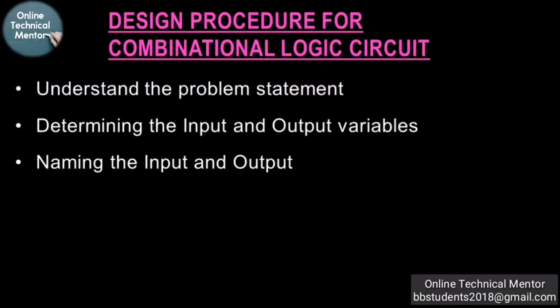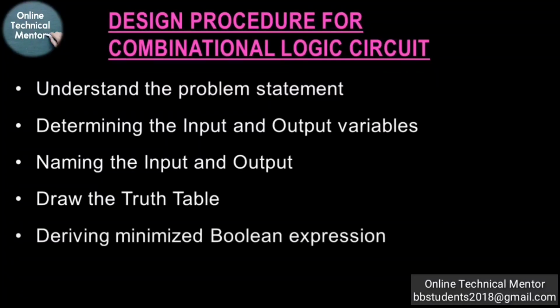Now, after naming or labeling the inputs and outputs, you have to draw the truth table. From the truth table, establish the relationship between the output and inputs for all the possible input combinations. Then, from the truth table, you have to derive a minimized Boolean expression.